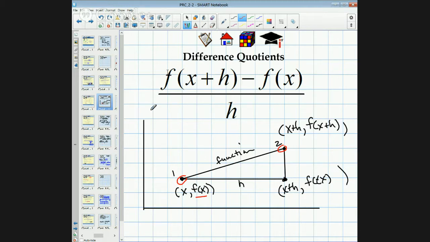Well, not quite, but we're getting ready. Slope is very important in calculus. And so I wanted to nail down that this is just a generic slope formula. It's written a little differently. Instead of y2 minus y1 over x2 minus x1, it's the same thing, only using this function notation.